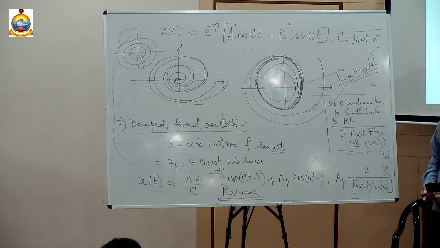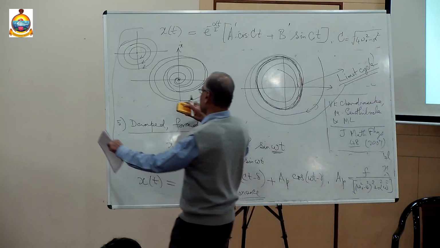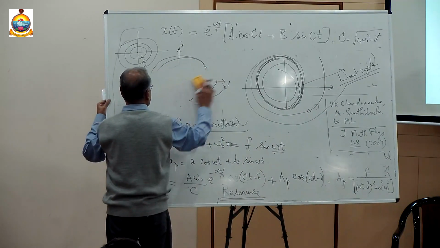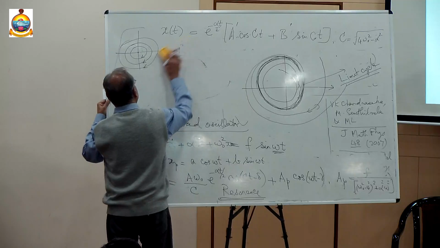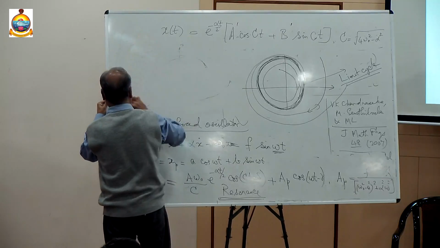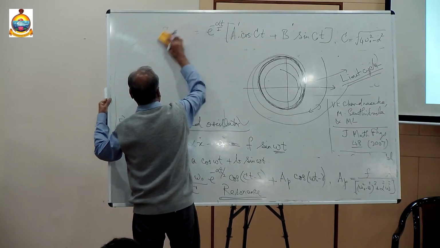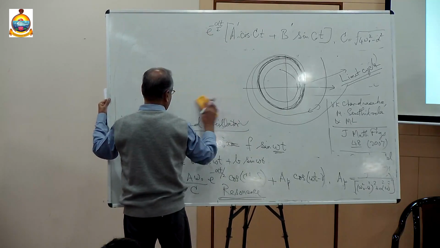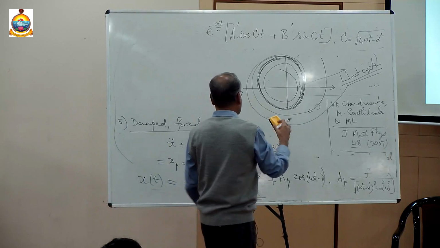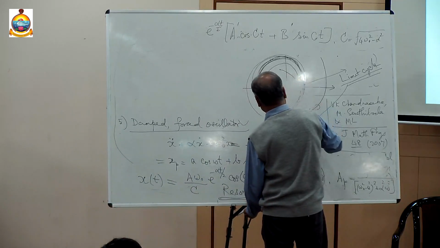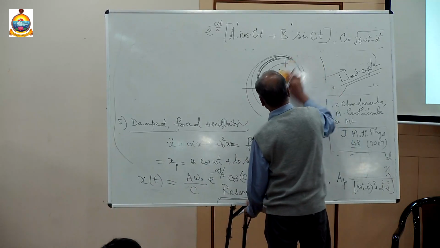Now I consider the situation where, as I promised yesterday, I introduce some more complicated force. This force, as you know, in certain cases you can also represent in terms of a potential, the so-called conservative cases. How do you represent the force in terms of potential?